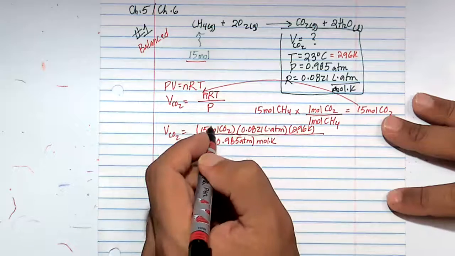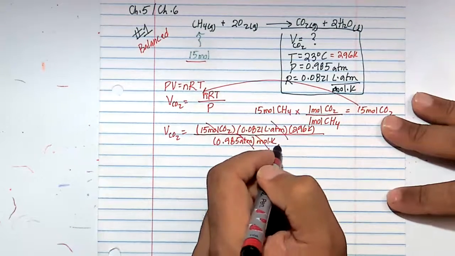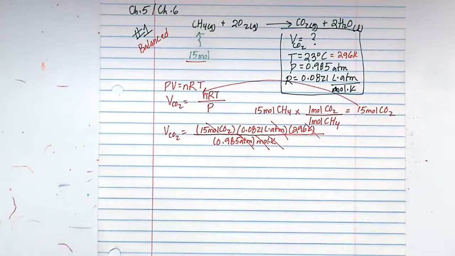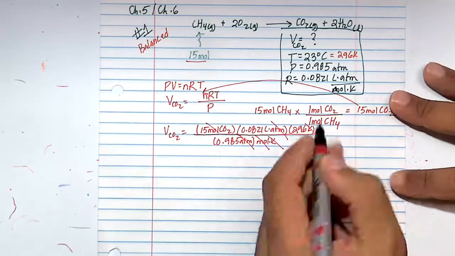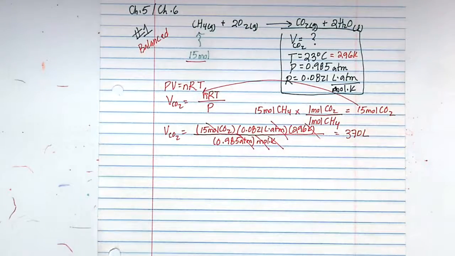So looking here, cancel out your units. Moles, moles cancel. Atmosphere, atmosphere cancels. Kelvin, Kelvin cancels. So doing this in our calculator, I think it's around 370 liters.